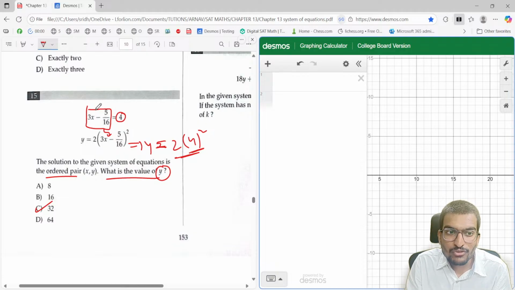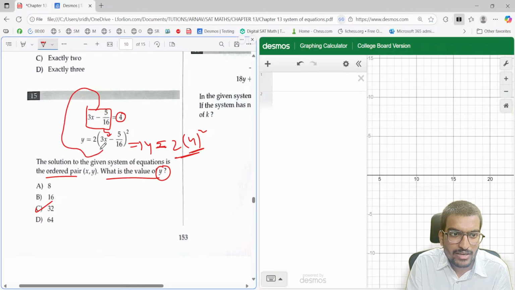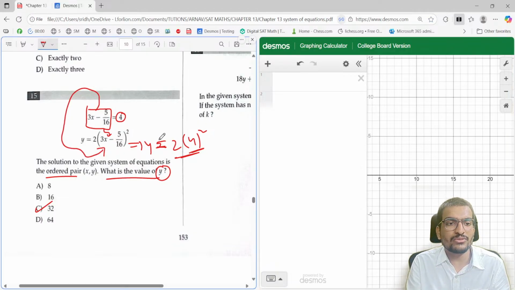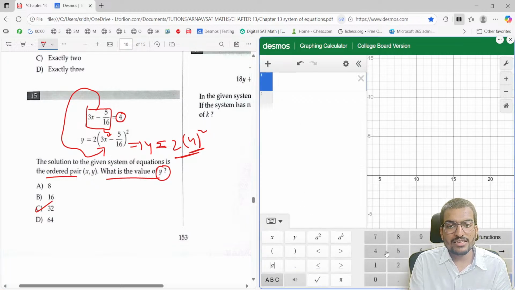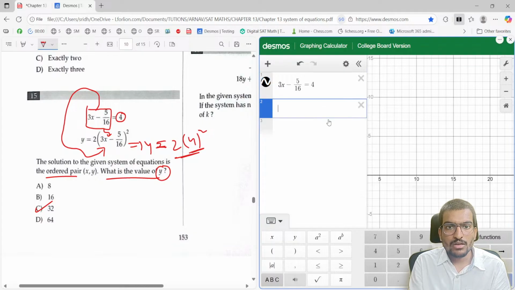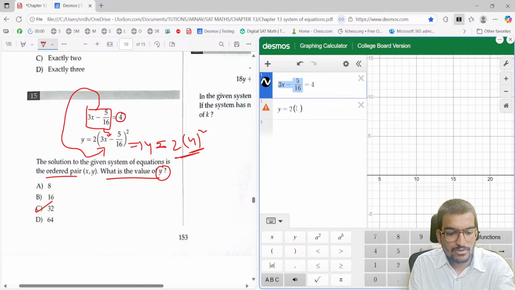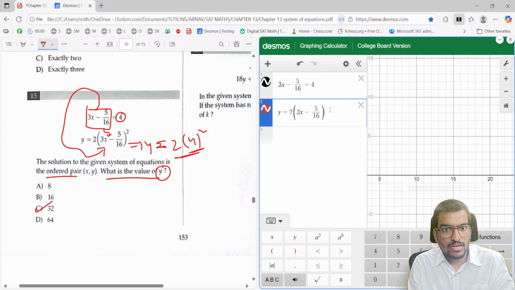But be careful if you see something uneven or odd. Just substitute that value and you get it. Let's input it and see in DESMOS as well. 3x minus 5 divided by 16 equals 4. Let's go for the second equation. Y equals 2, and inside the bracket they've given this, whole squared.